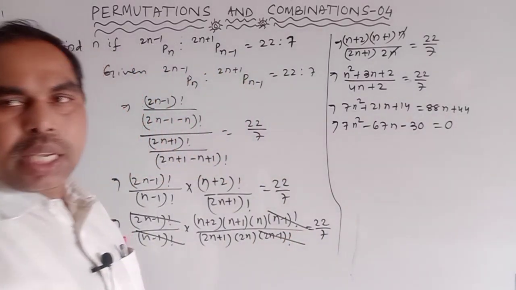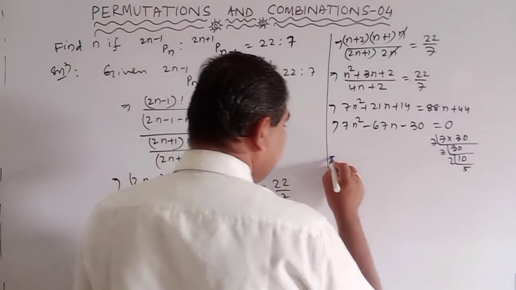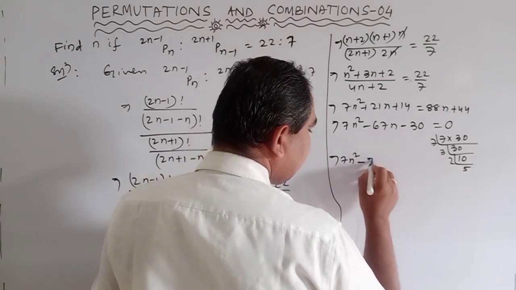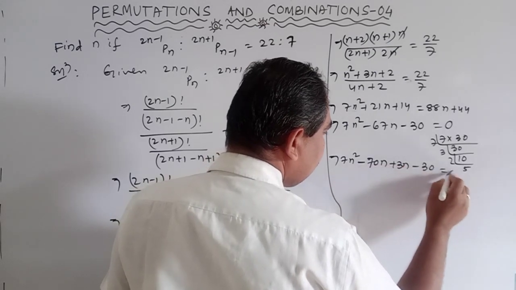And simplifying, we get the value of n. So this implies 7n square minus 70n plus 3n minus 30 is equal to 0.